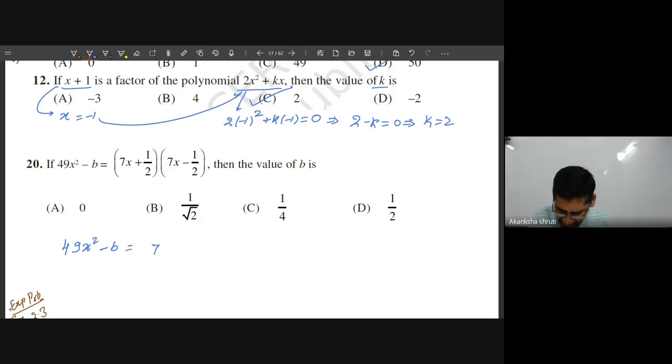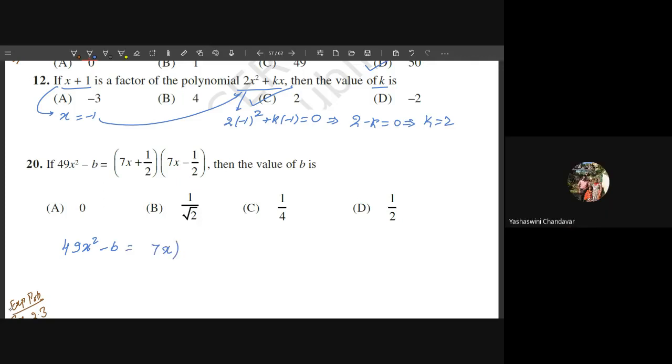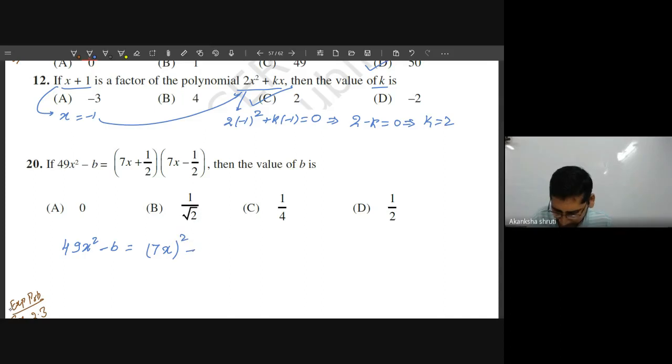I can write this as (7x) whole square minus, I can write this as root b into root b, because then it becomes only b. It means it is (7x) square minus (root b) square.